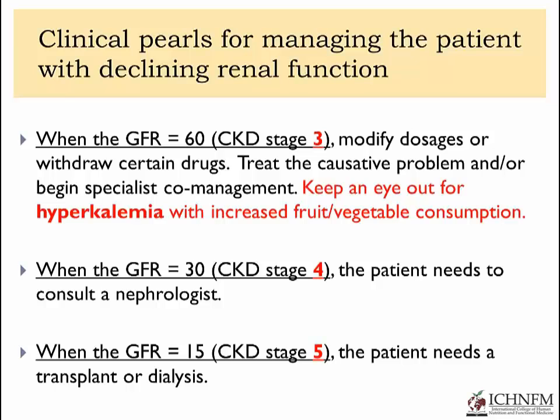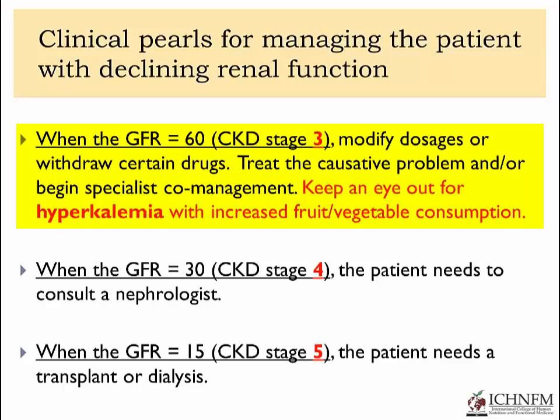We sometimes have to do the math ourselves, which is not a big deal, or we use the MDRD equation through a calculator or a website. And then once we get that estimated GFR, we have to take action on it. And if it's above 60, we're okay. If it's below 60, we're in trouble. So it's important to remember that real, true chronic kidney disease starts at a GFR of 60 or below, and at that point, we have to start modifying drugs and diet.